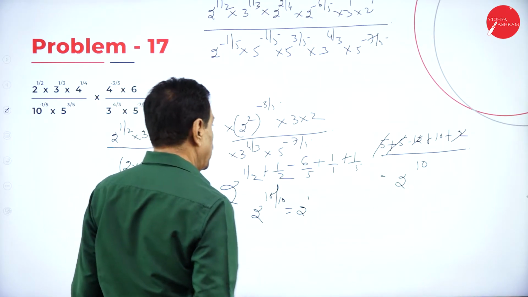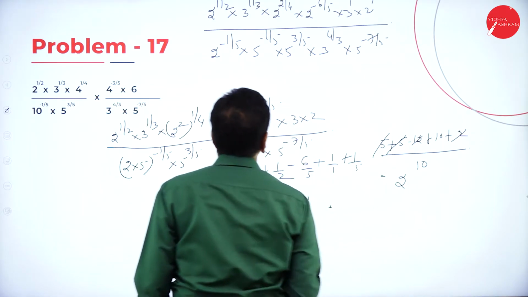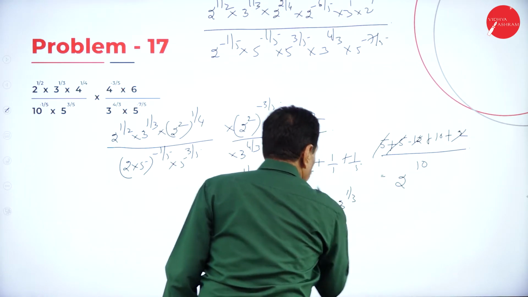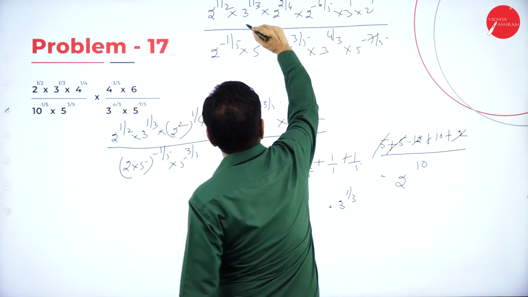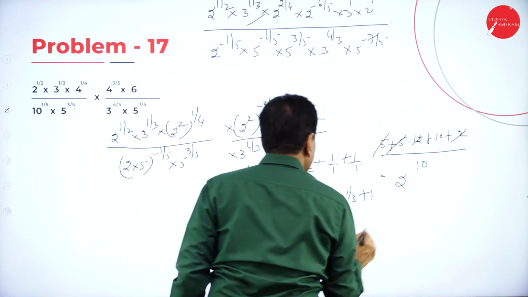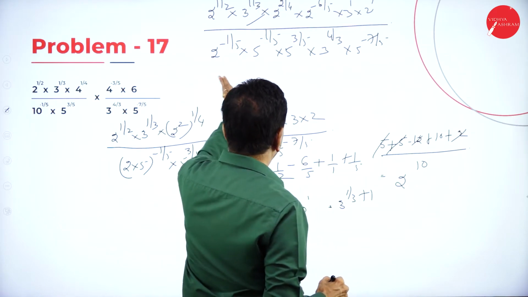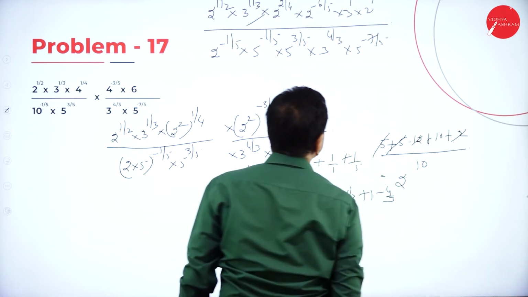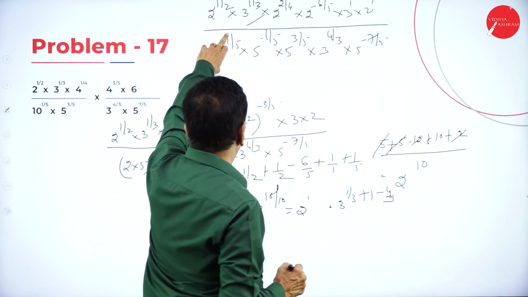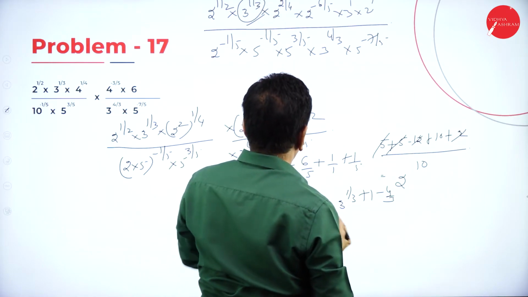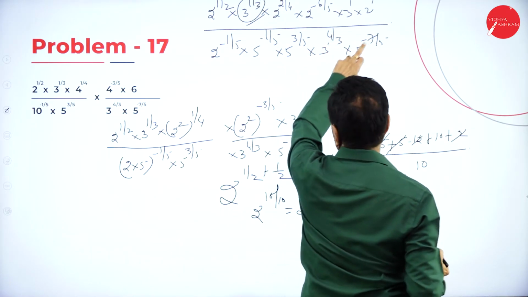So this goes in favor of 2. Then come back to 3. 3 to the power of 1 by 3. This over plus 1. Here plus 4 by 3 becomes minus 4 by 3. In 3, 3 to the power of 1 by 3, 3 to the power of 1.